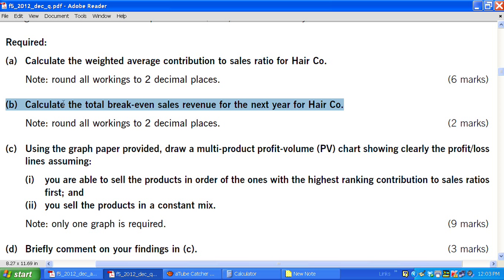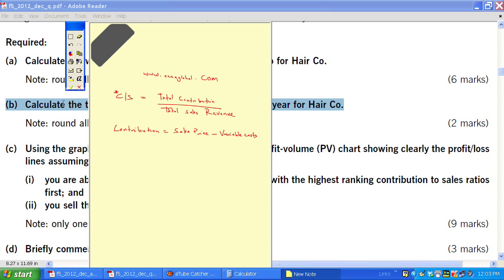Requirement B is talking about something called break-even sales. So what is break-even?